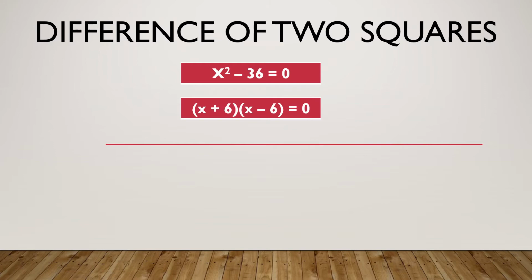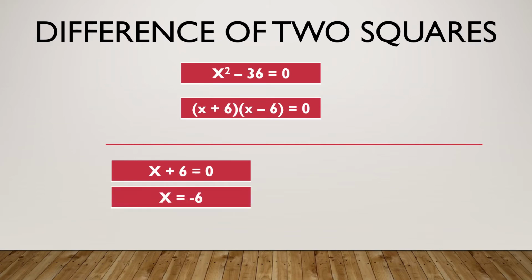The difference is only the sign, so one factor takes positive and the other factor takes negative. So you have here x plus 6 and x minus 6. Let's solve the first factor first. We're going to equate this one to 0. So you have x plus 6 equals 0. Then solve for x. Then x is negative 6.